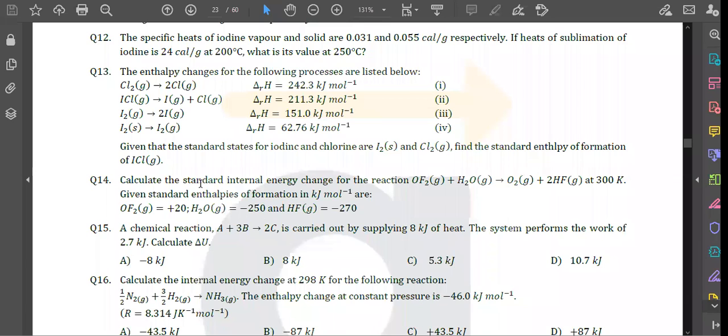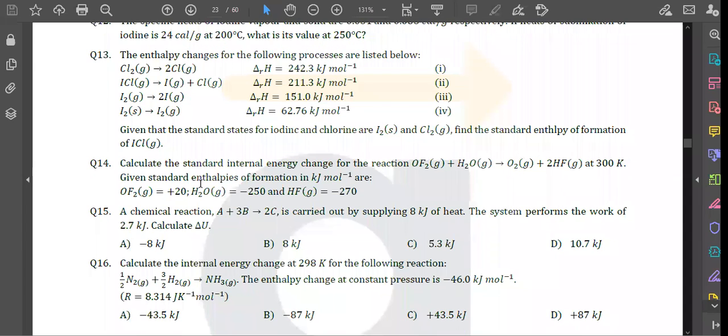Next, 14 to 16. Any doubt in 14 to 16? I guess if you understood question 13, you should be able to solve question 14.